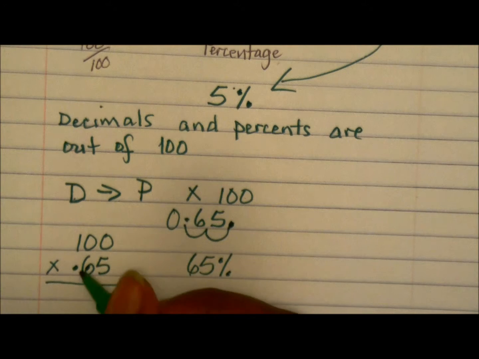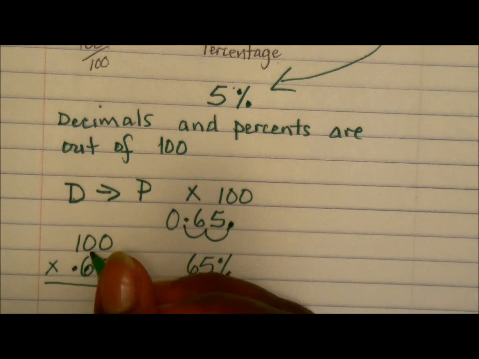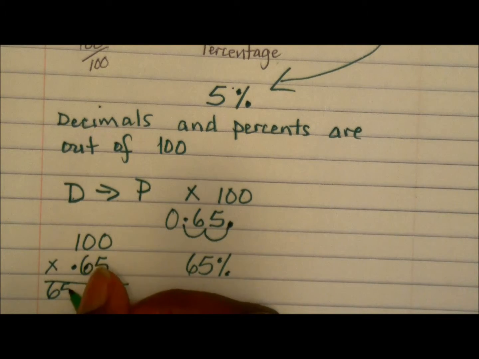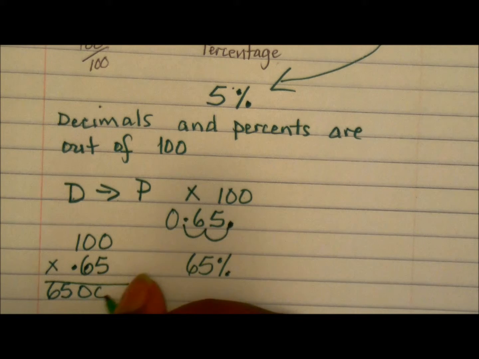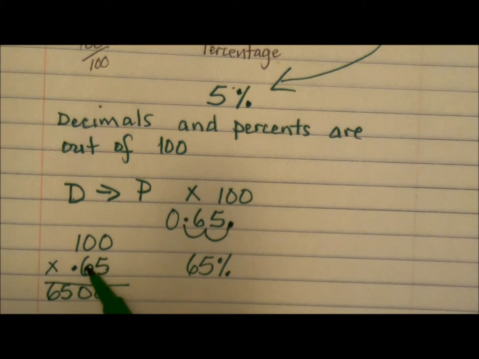Remember where my decimal point is. 65 hundredths times 100 is actually 6,500. I count how many digits are behind the decimal point, 1, 2, and I place my decimal point. My new number is 65. And that's another way to find my percentage.